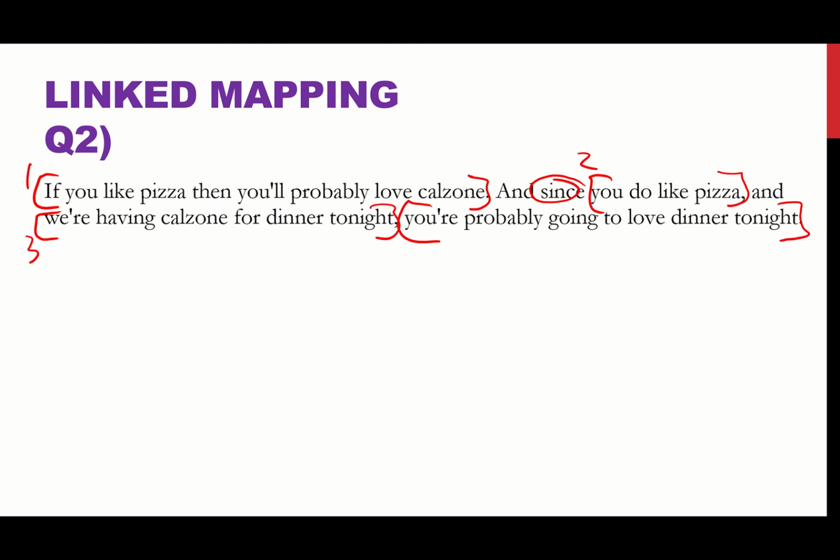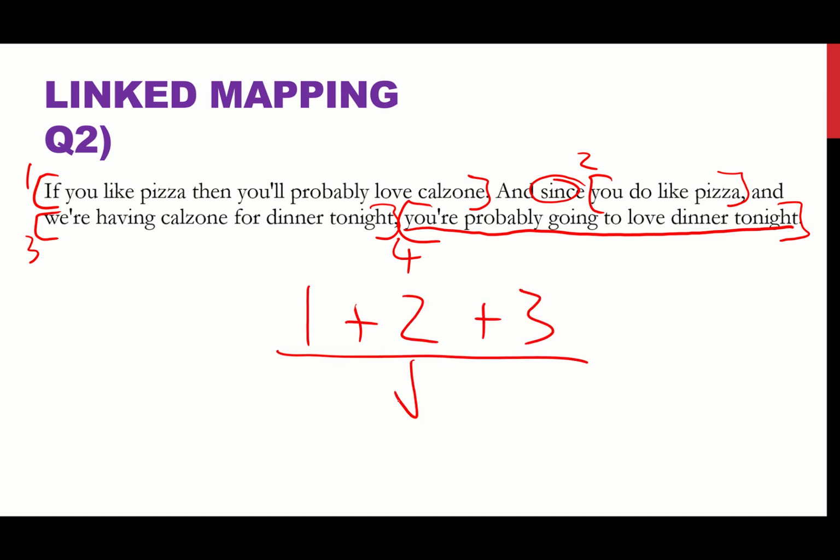Okay, not one of those premises by itself is going to support this final conclusion. None of them provide individual support. They actually all have to work as a team. That's 1 plus 2 plus 3 down to 4.